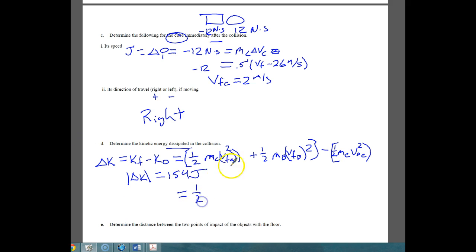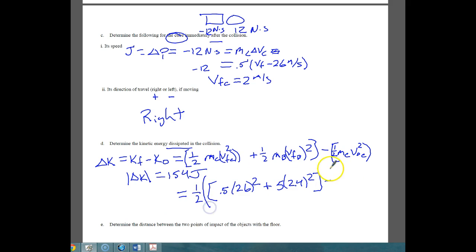We're going to factor out a 1/2 here because we've got it all the way through. Then we've got the mass of the cube, which is 0.5 kilograms times 2.6 for the final velocity of the cube, plus 5 kilograms times 2.4 meters per second, and we need to square it. Then we will subtract, and remember this 1/2 we factored out earlier.